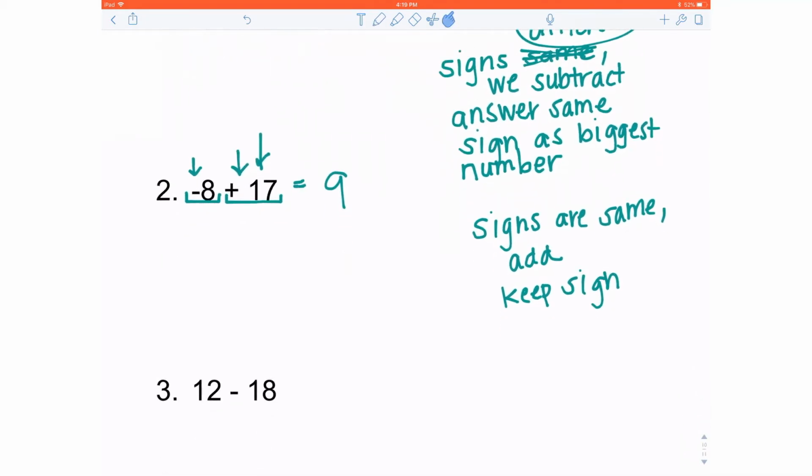Let's move on. Here we have 12 minus 18. If there is no sign, that means it's positive. This one has a negative 18. The signs are different, which means we subtract. So 18 minus 12 is actually 6. And which is the biggest number? The 18, which has a negative, which means our answer will also be negative.